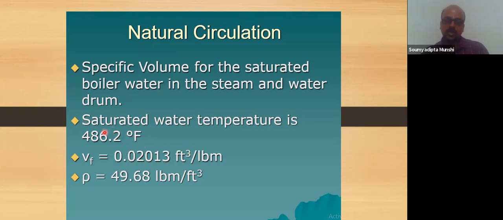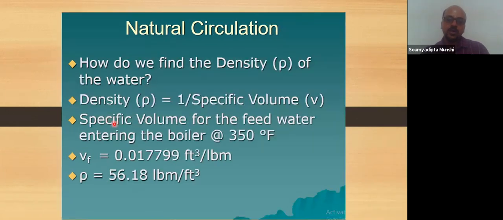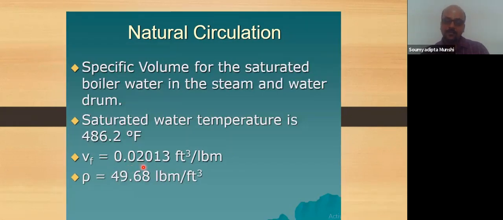If we calculate the density as 1 by specific volume, we get the density at the time when some of the water is converted to steam. You can see there is a difference between the density of the water coming inside the generating tube and, after some portion of the water is converted to steam, the density of the mixture, which is 49.68.